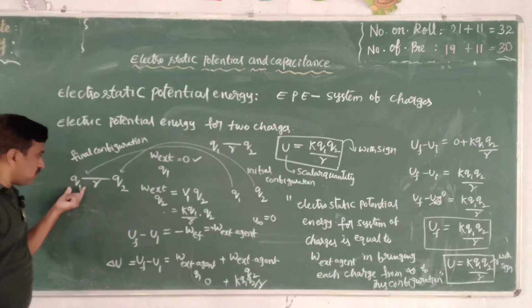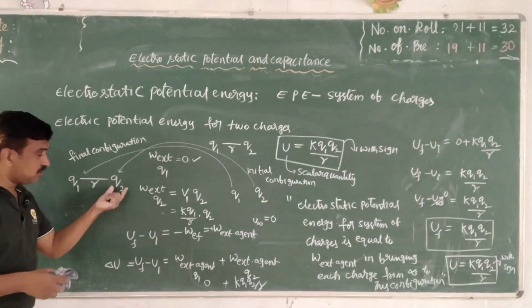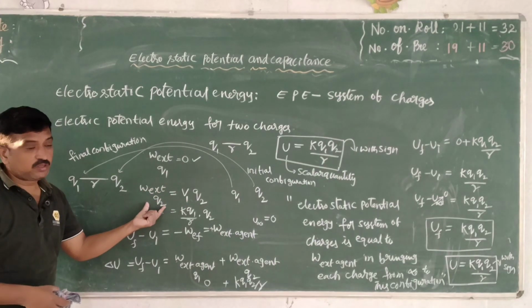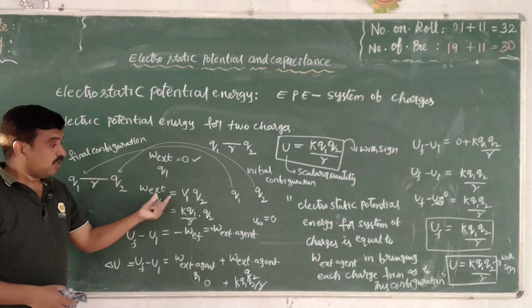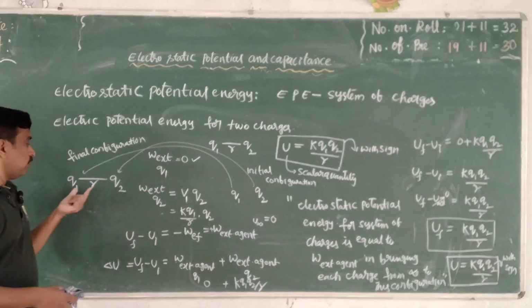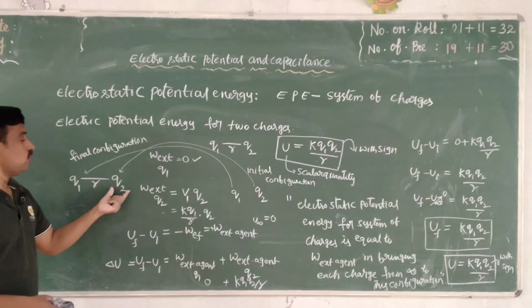So due to this charge, some potential is developed. That potential times this charge we call the work done by the external agent in bringing q2. Work done by the external agent in bringing q2 means the product of the electric potential due to this charge at this position and this charge.